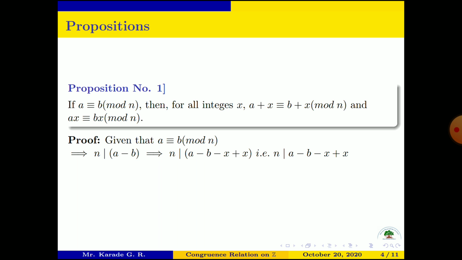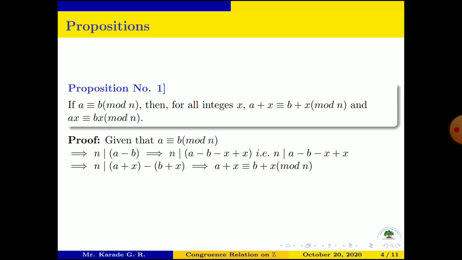That is, n will divide (a minus b) minus x plus x. Just we remove the bracket, and then we put a bracket to the positive a and positive x, so n will divide (a plus x) minus (b plus x).